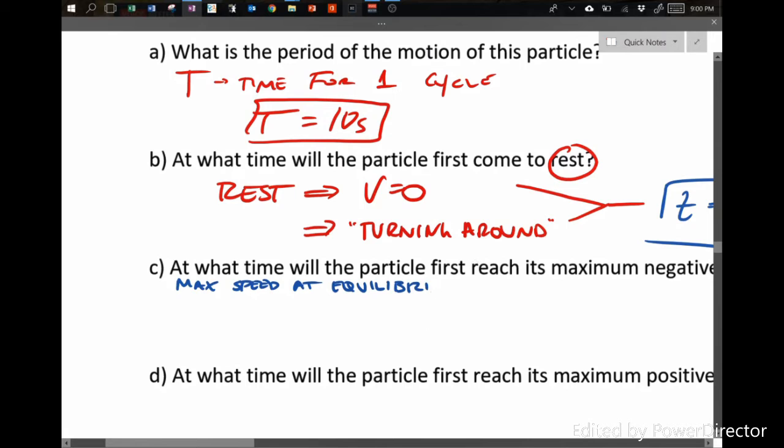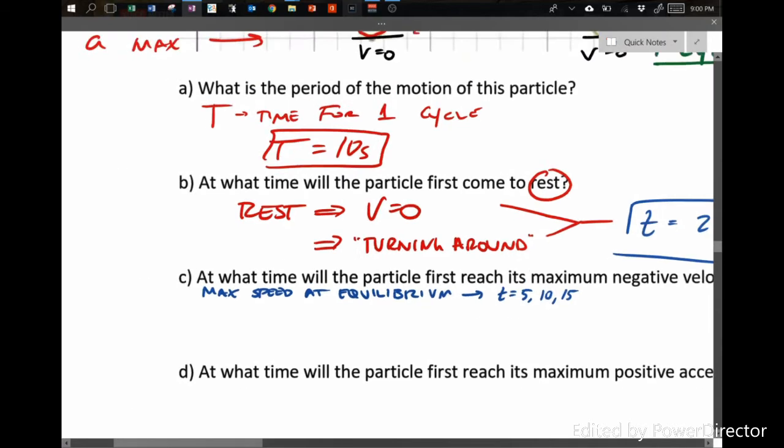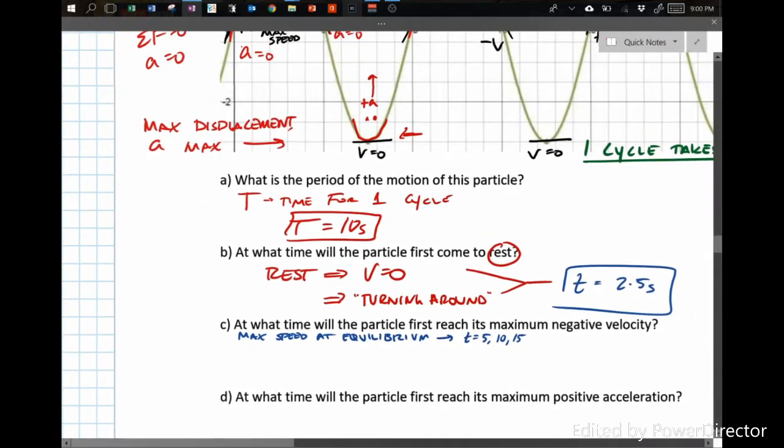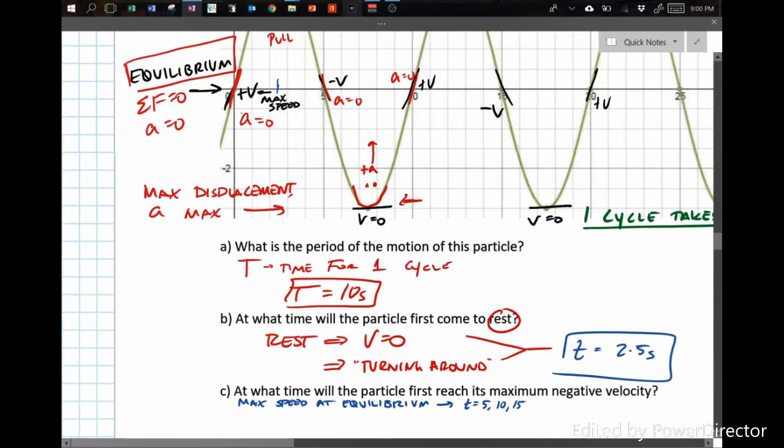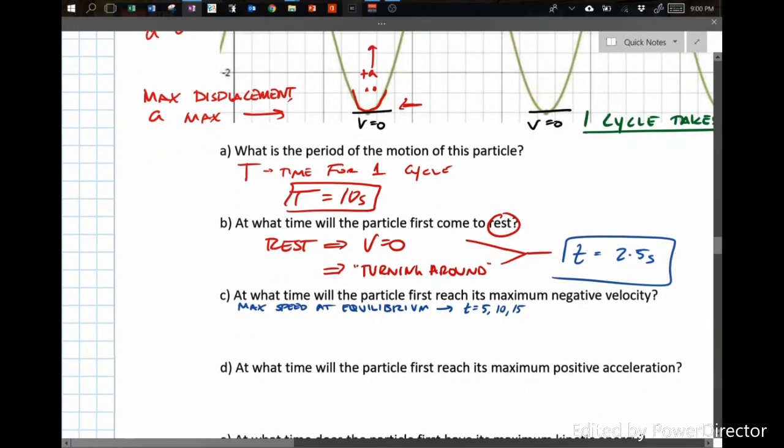My maximum speed occurs at equilibrium, so that means it's going to be a time of 5 seconds, 10 seconds, 15 seconds, and so on, because those are the times when my position graph crosses my time graph, where we said we were at equilibrium.